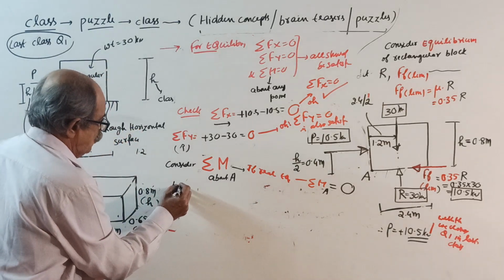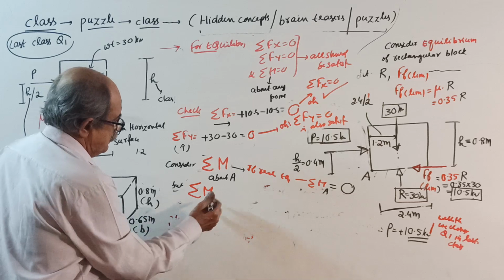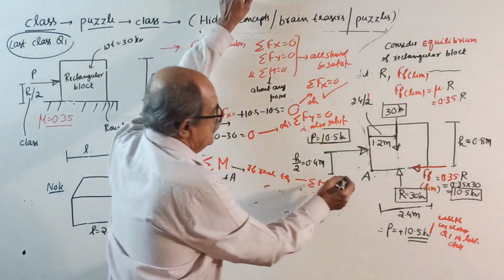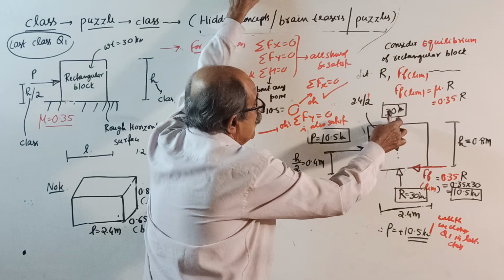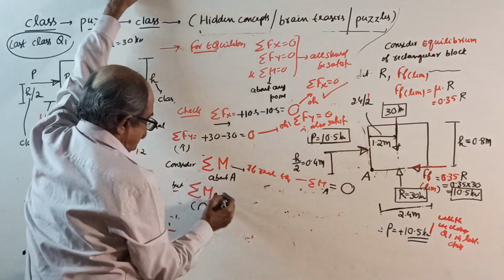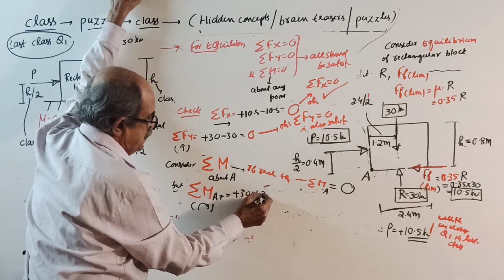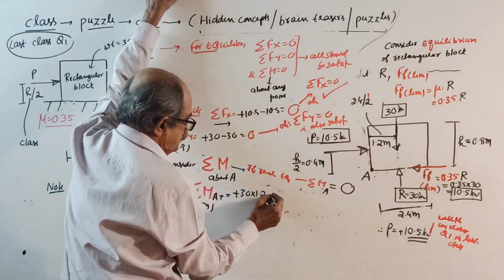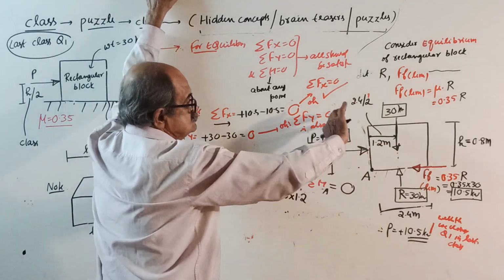Calculating sigma m about A, clockwise positive: 30 into 1.2 clockwise, minus 30 into 1.2, why?